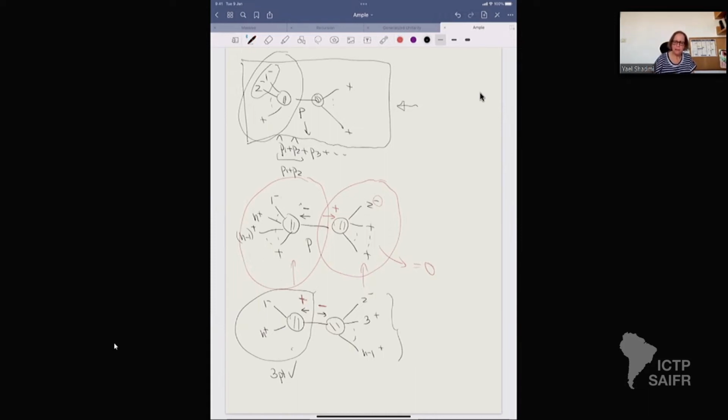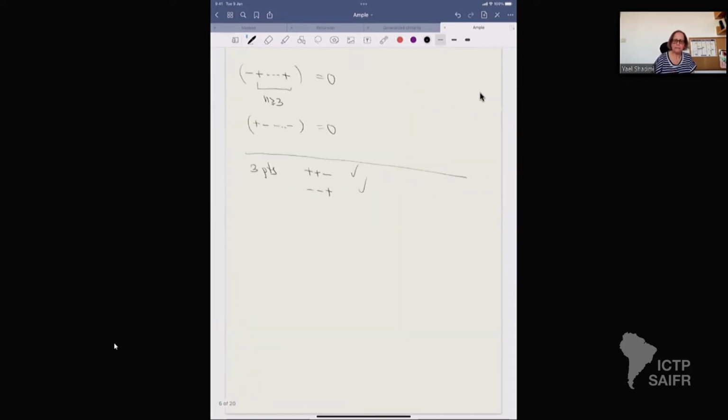Okay, good. So now that we really know how to do this, I did want to say a little bit about loop amplitudes, not in any great detail, but for reasons that I'll mention in a bit.